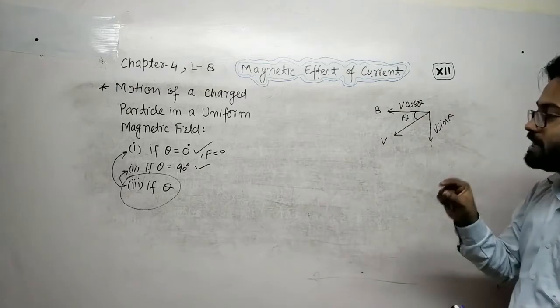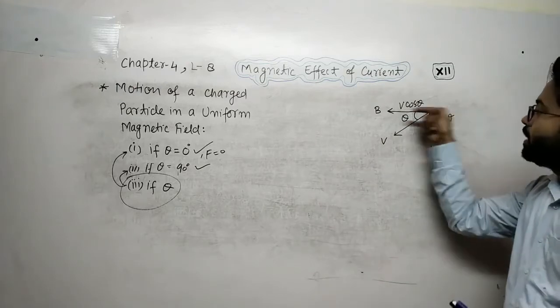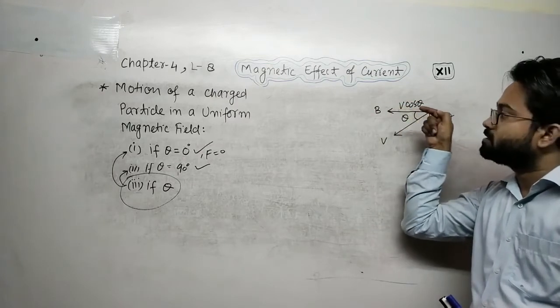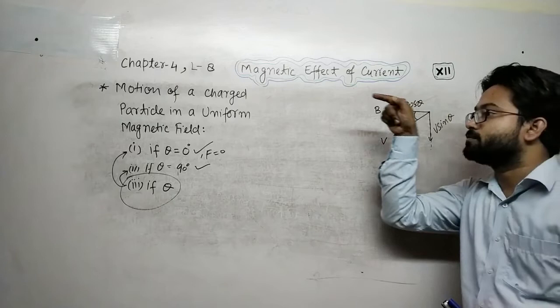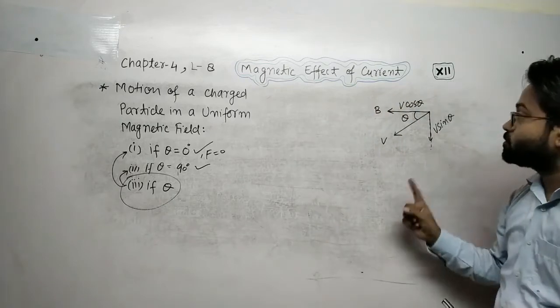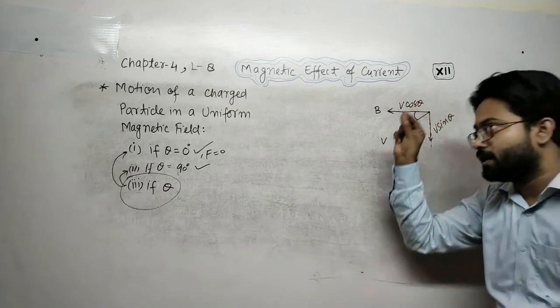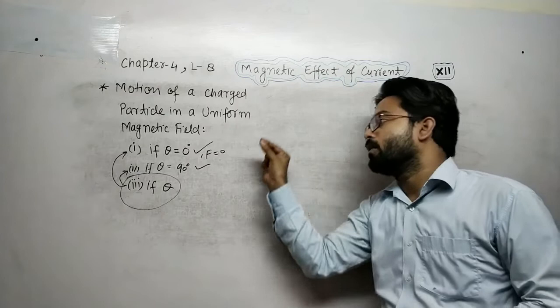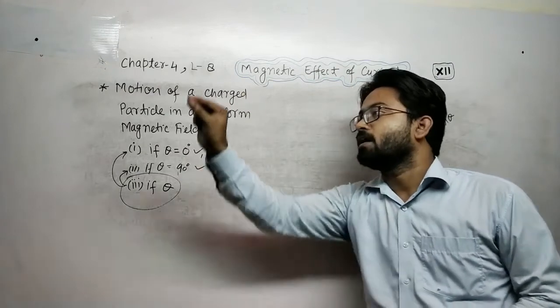But the charged particle also has a velocity component along the magnetic field. That means the charged particle will continue its motion in the direction of the magnetic field. It is rotating in a circle and also going forward, along the magnetic field.